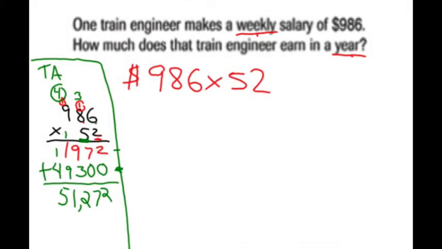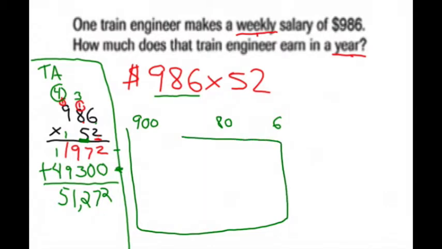The next one I want to show you is the distributive property, or area, or rectangle. So what I do is I take 986 and I split it apart into 980 and 6. Okay, and that's how long my rectangle is. I divide it.